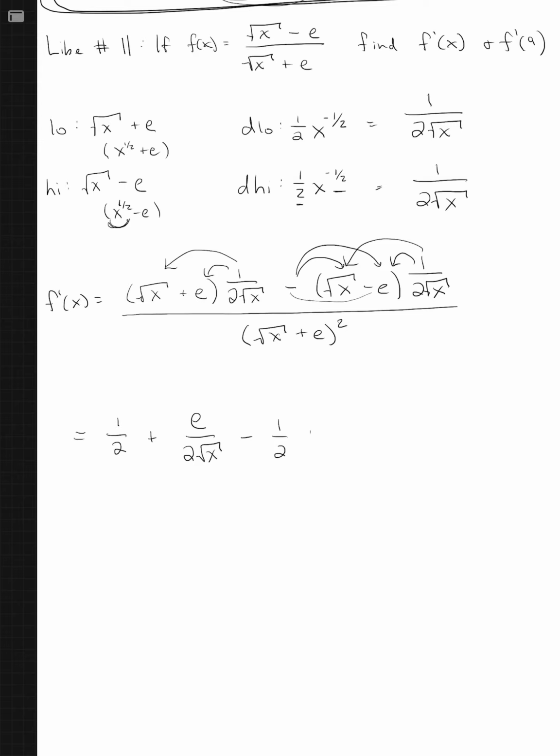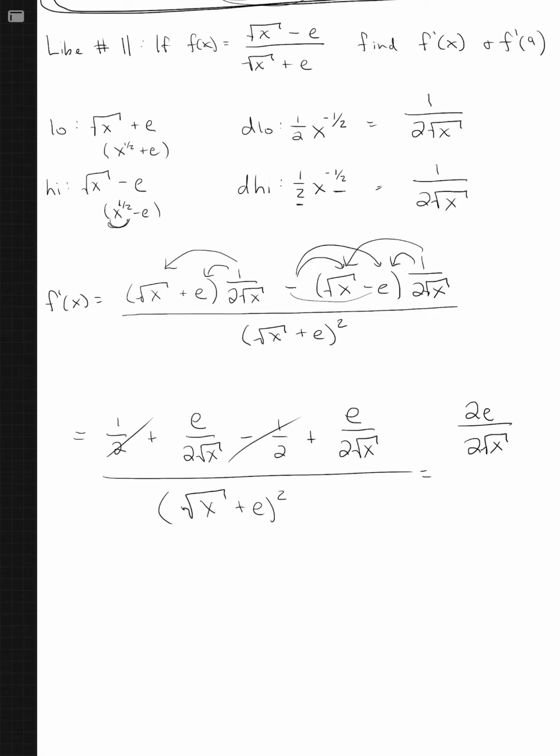So these two negatives cancel out and give us a plus e over 2 square roots x, all over this guy. Can't really be any simpler than factored form like this. The 1/2s cancel, and when you add these two together, you get 2e over 2 square roots x all over square root of x plus e squared. Right, so the 2s cancel.